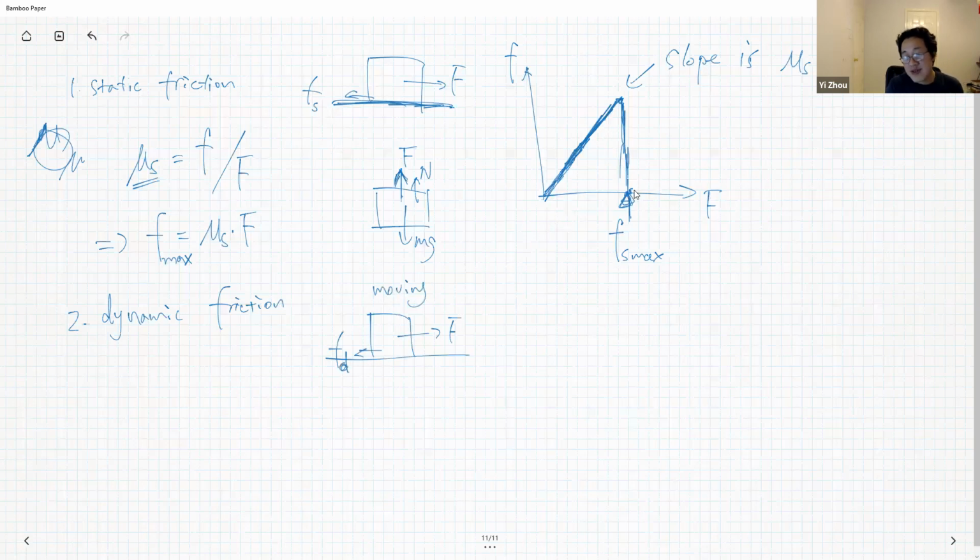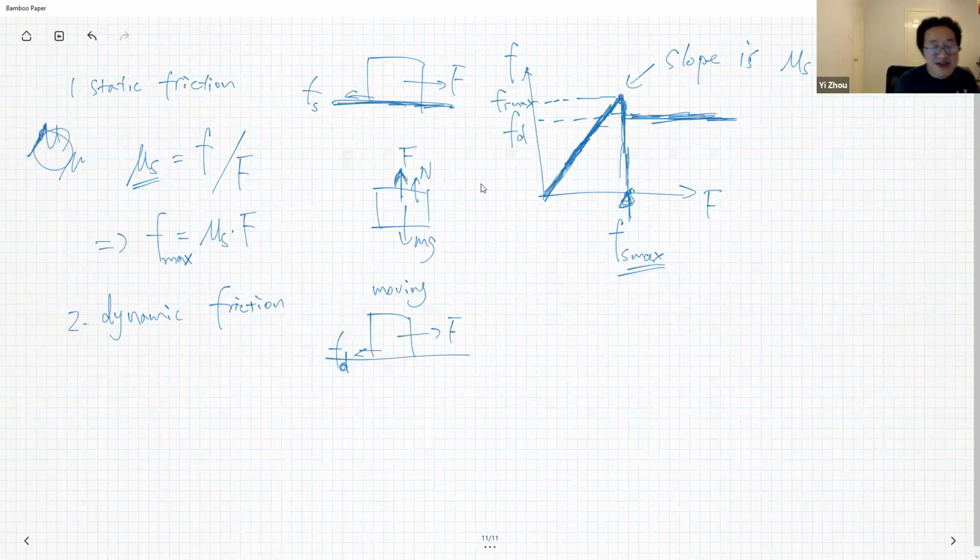When you have a force greater than the maximum static friction, there will be a line here. So basically the friction line will go up, then go down a little bit, and then flat. This flat line is the dynamic friction. And this point here is the maximum static friction.